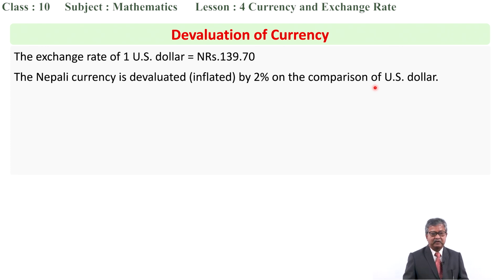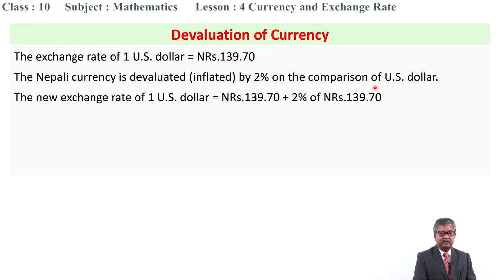Okay, devalued. So after this devaluation, what is the exchange rate? The new exchange rate of 1 US dollar is equal to 139.70 plus 2% of 139.70.